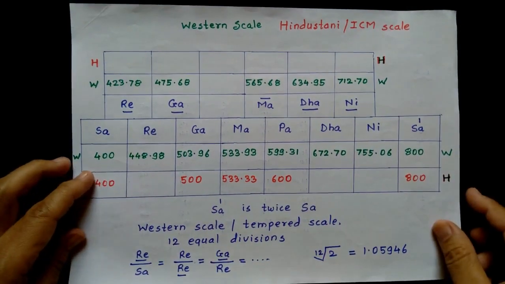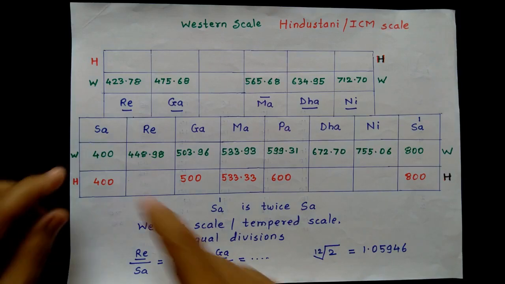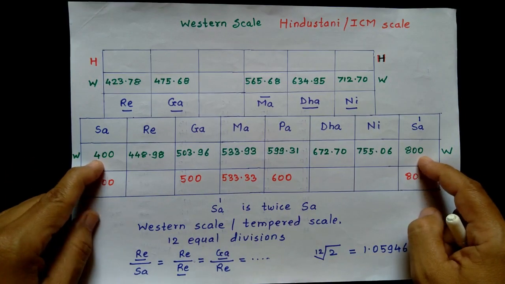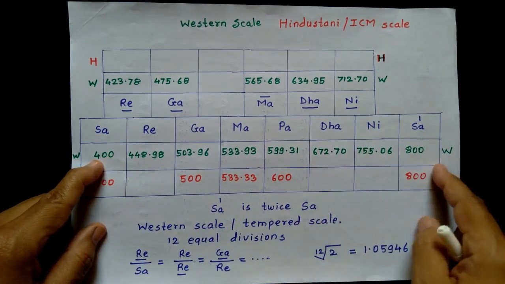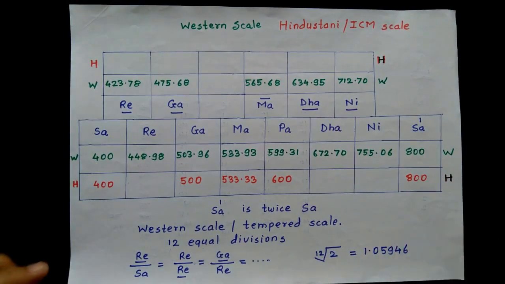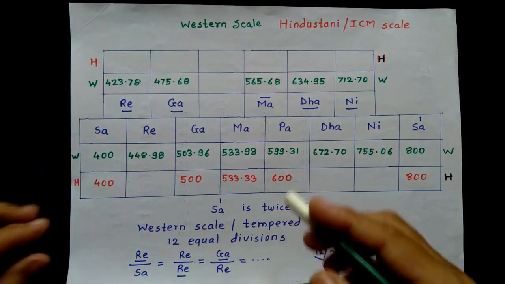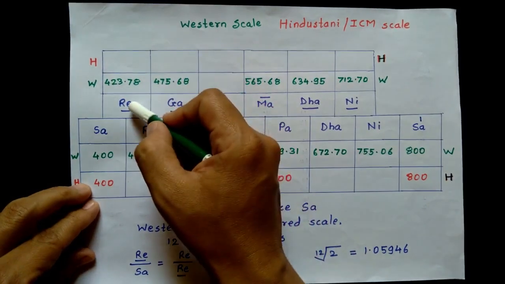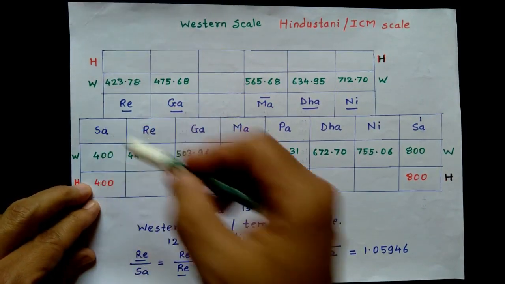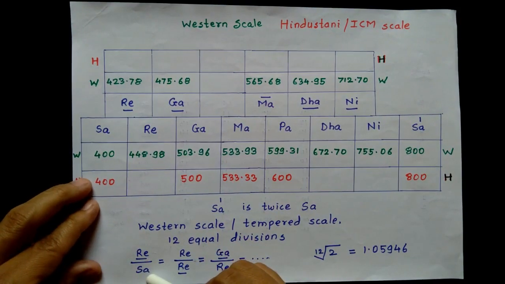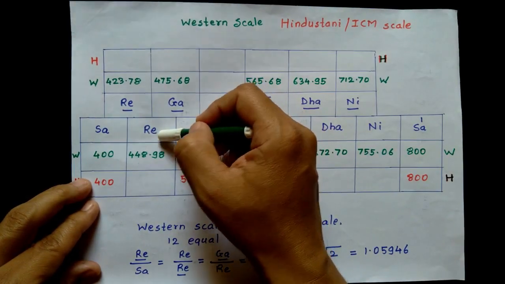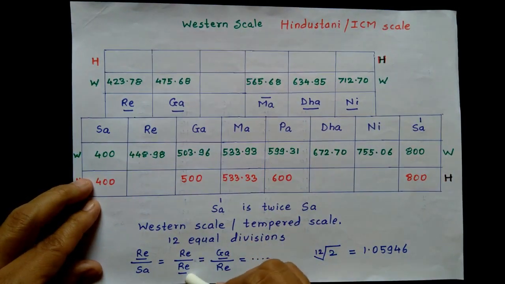Now in the Western scale, they take this range and divide it into 12 equal parts so that the ratio of komal re to sa is equal to the ratio of shuddha re to komal re.